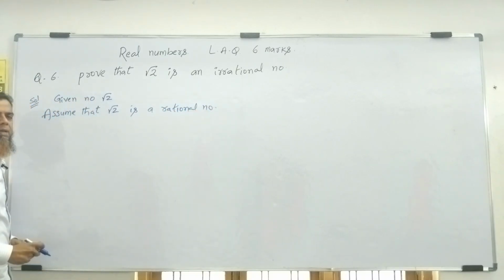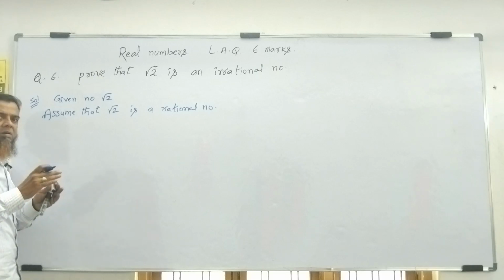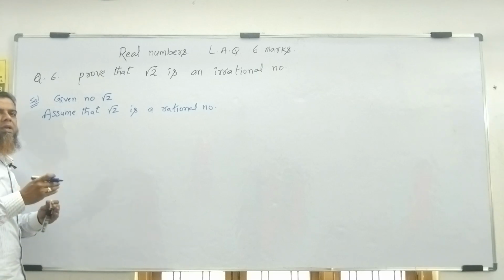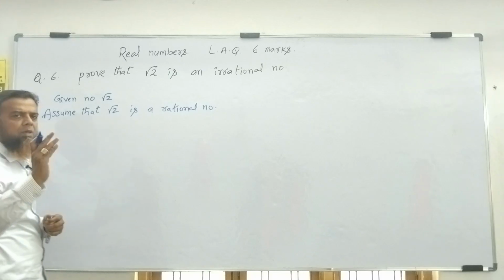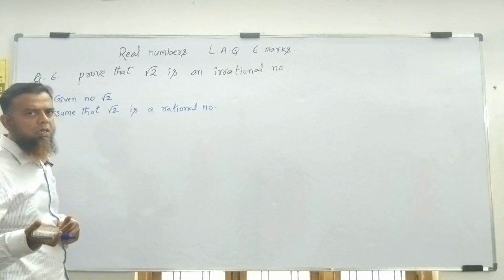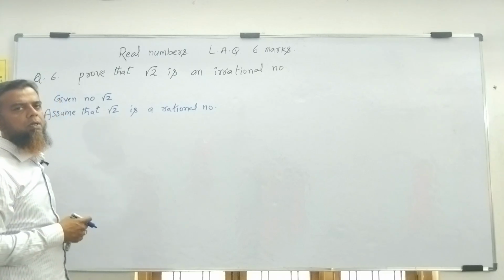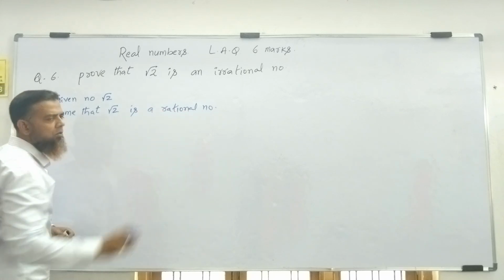What we are assuming here, root 2 is a rational number. root 2 को अपन contradiction method में opposite में root 2 को rational बोल के ले रहे हैं अपन यहाँ पे. कोई भी नंबर रेशनल हो रहा तो इरेशनल नहीं होता, इरेशनल हो रहा तो रेशनल नहीं होता. तो अपन यहाँ पे एज्यूम करें, क्या बोल के, रूट 2 को रेशनल बोल के एज्यूम करें.